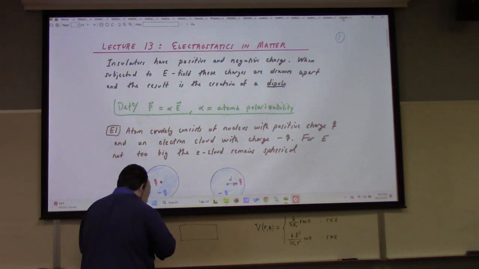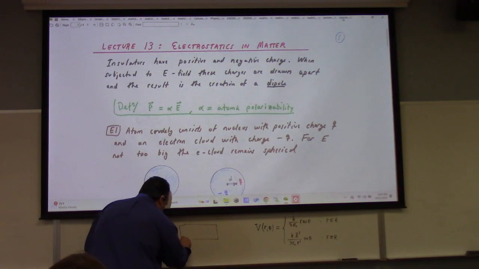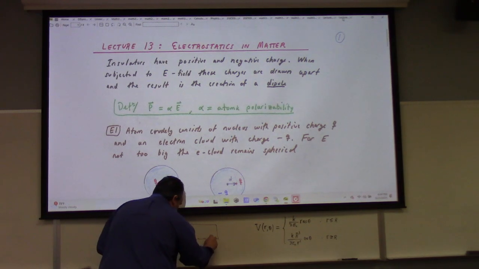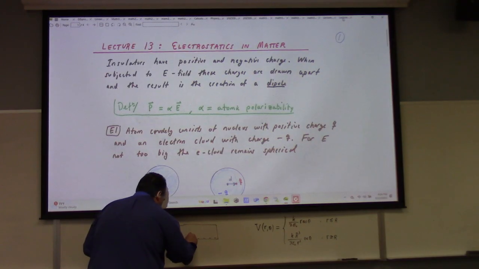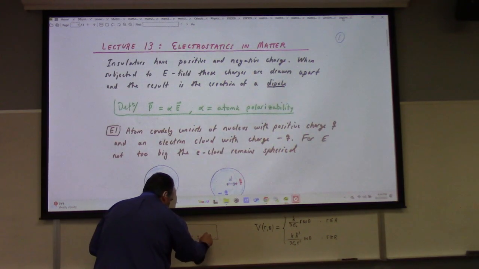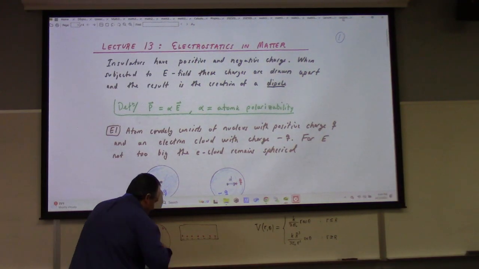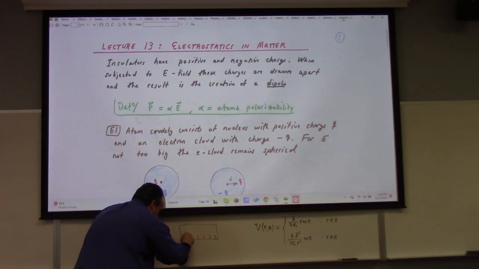And so maybe the atoms are like this: minus, so the minuses are down here, and then plus. Each minus-plus pair corresponds to a particular little atom.